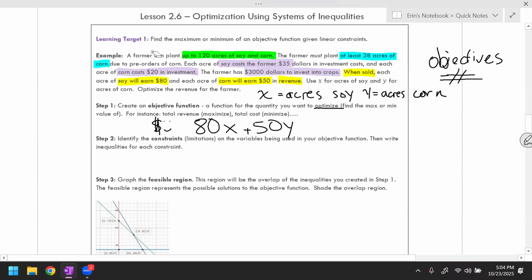I can only plant up to 120 acres. That's only how big my field is. So that means that my X plus my Y has to be less than or equal to 120. Right? That's my first constraint. Note how I didn't include money anywhere in this. This just has to do with acreage. Okay, I could call this my space constraint.